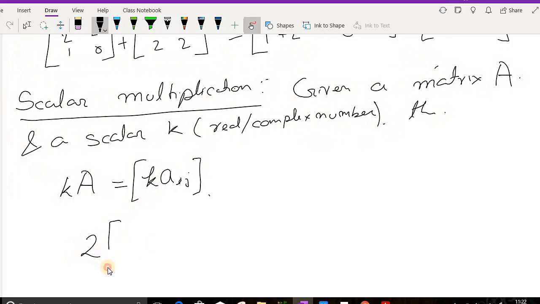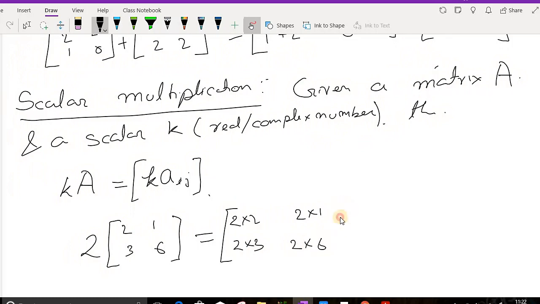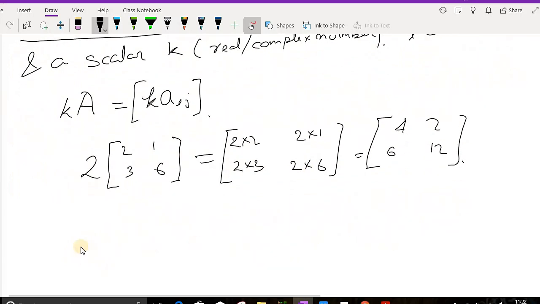For example, if I am writing 2 into the matrix 2, 1, 3, 6, what will this be? This will be 2 into 2, 2 into 1, 2 into 3, 2 into 6, which is basically 4, 2, 6, 12. Okay, this is the scalar multiplication. Don't worry about this, these are definitions.